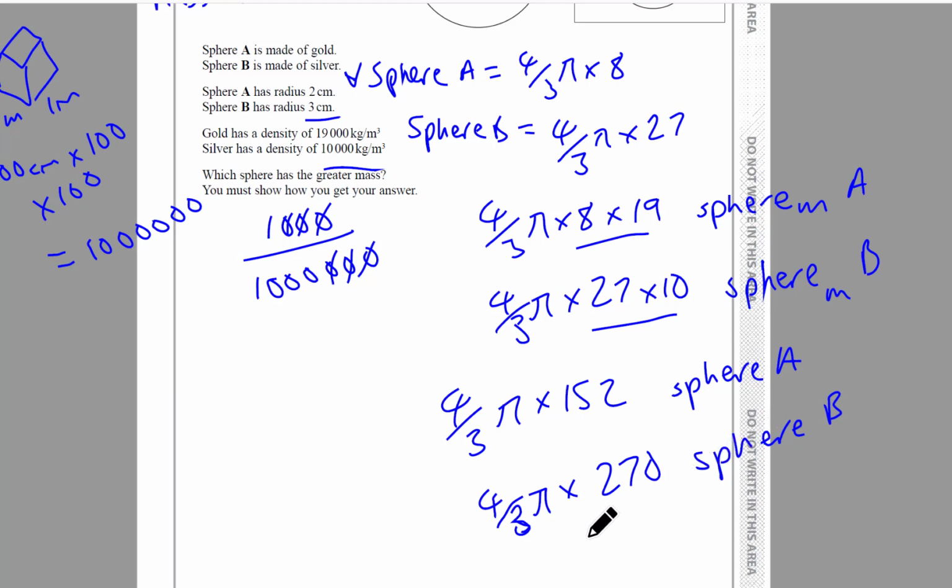Well, 270 is greater than 152, so you can say the silver sphere B, to get your communication mark, has greater mass.